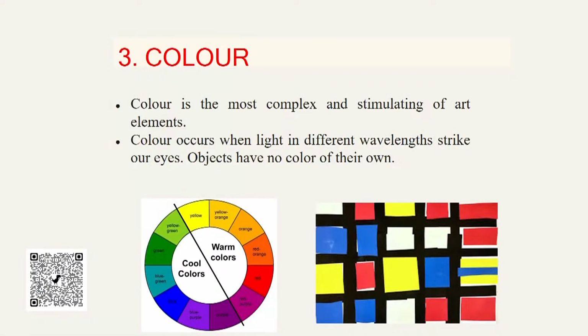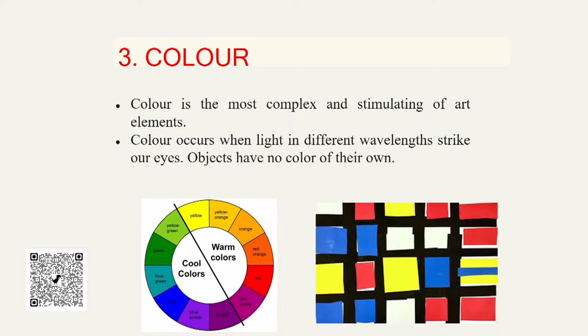Now we will be moving to the third element of design, which is color. Color is also another complex and stimulating element of design. There are n number of colors which are available in nature, and when you are viewing a color, you will notice that it is nothing but light which is present in different wavelengths, which is striking your eyes.